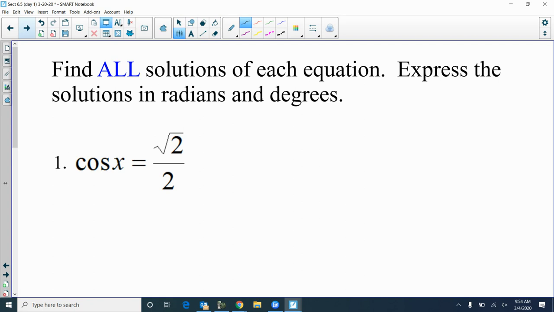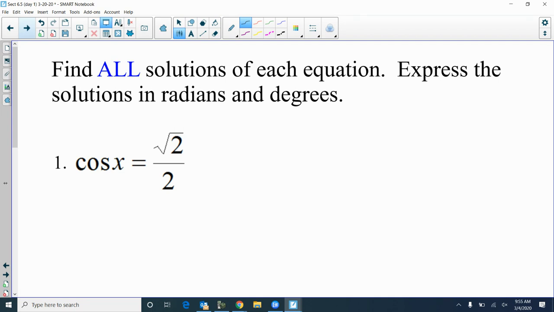You remember where? 45 degrees. Where else? 135. No, not 135. That would be negative. It would be positive at 315. Now, how do I list all of them? Because it's 45 and then what? How do I get the next one? Cosine repeats every 360 degrees, right?